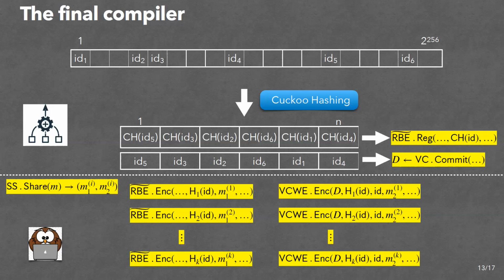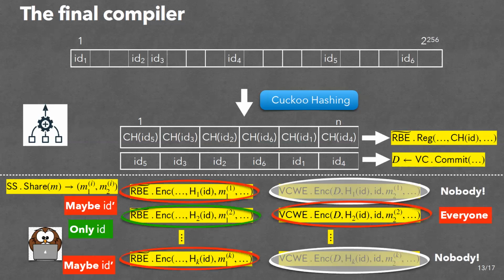So why is this secure? The thing is that, as before, we know that at least in one of these positions, we have the identity. For all the other identities, we can assume that the adversary can decrypt the share on the left, the share of the message. However, whenever there is another identity on this specific position, then the statement of the witness encryption on the other side is not satisfied.